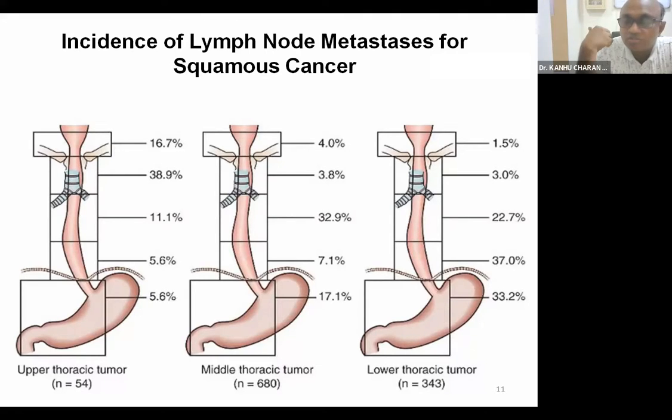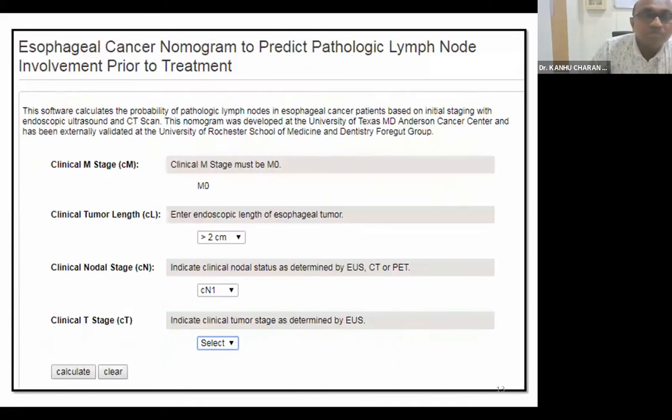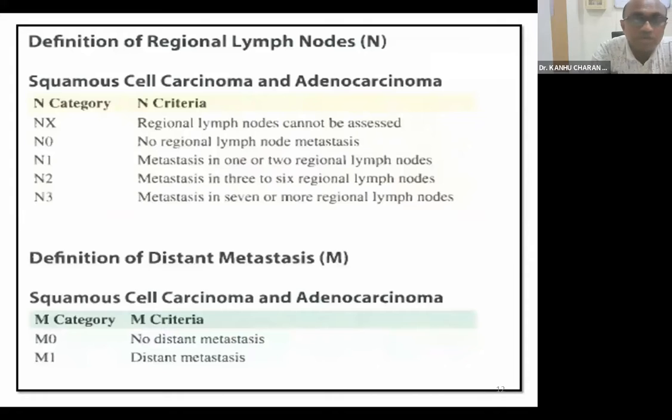In the lower esophagus, supraclavicular chances are less, and perigastric or gastrohepatic node chances are increasing. As you know, in staging, 1 to 2 lymph nodes is N1, 3 to 6 is N2, and 7 or more is N3.